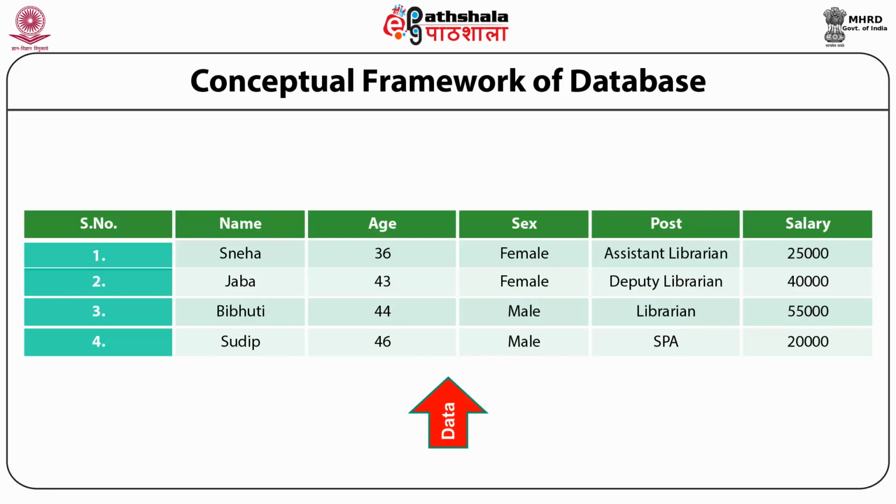Basically, the rows represent the records and the column represents for you the fields of a record. So in this particular slide, you can see there are 4 records and there are 6 fields. The fields are serial number, name, age, sex, post, and salary.